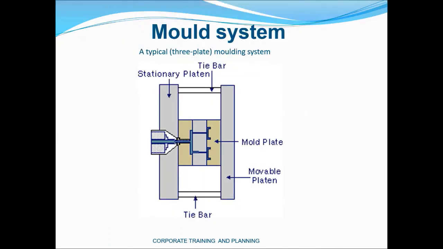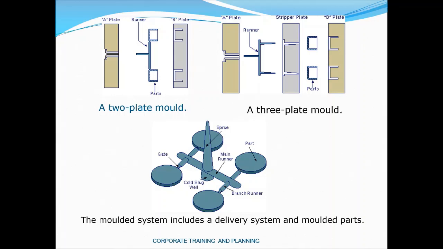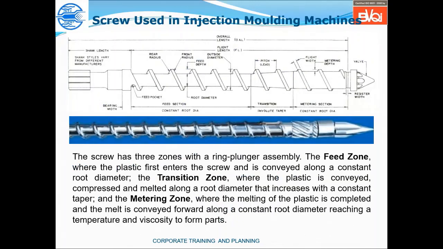Molding system: instead of a single piece we can produce two or three pieces simultaneously. Next, the screw used in the injection molding system: instead of a plunger we can make use of screws.